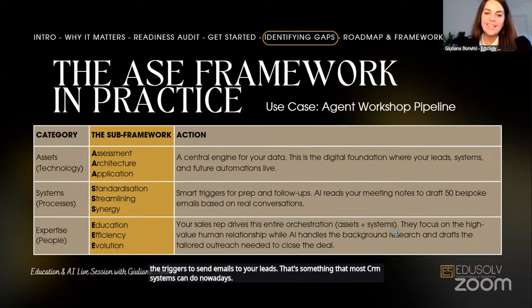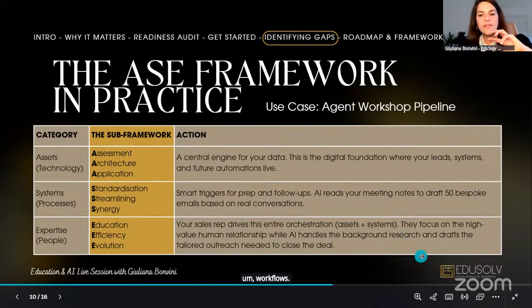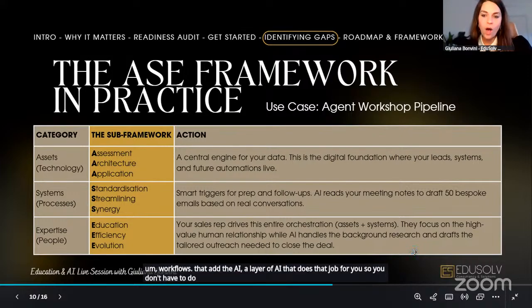However, as it stands, most people automate and still have a lot of manual work to do. So what you're trying to do here is to create workflows that add a layer of AI that does that job for you, so you don't have to do so much manual work.